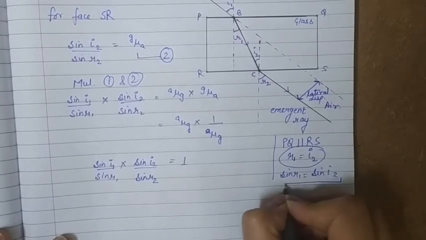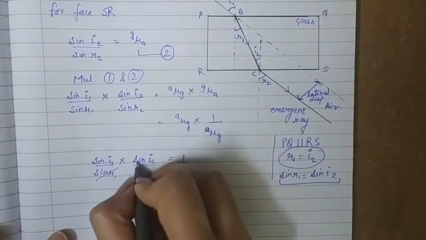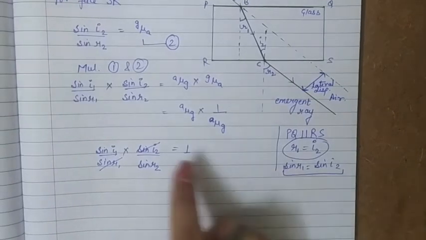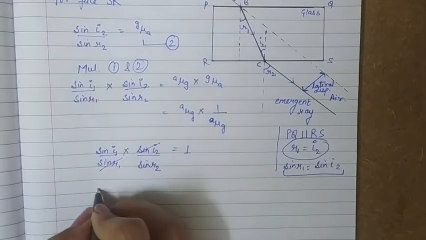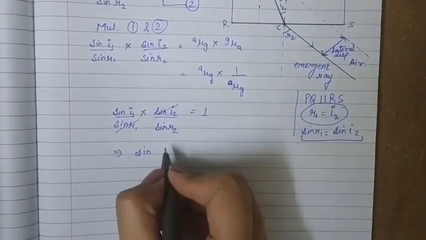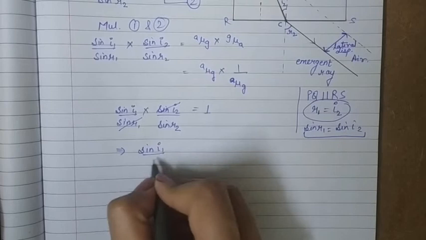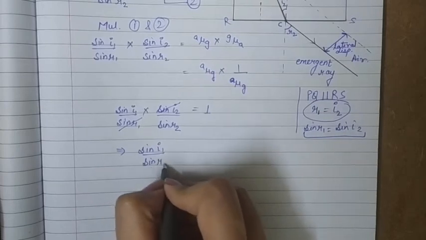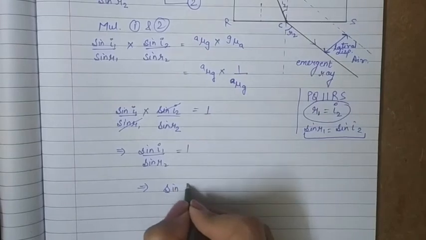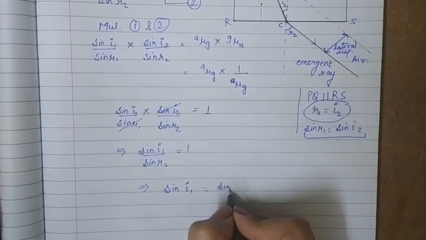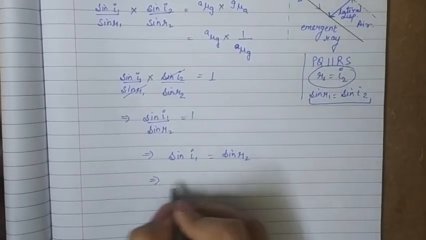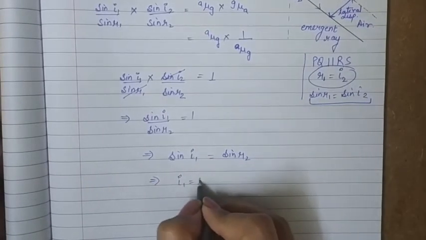And if this value is equal, that means these two will cancel out. Sine R1 is equal to sine I2, so these terms will cancel each other and we get sine I1 upon sine R2 is equal to 1, which implies sine I1 is equal to sine R2, or if this is true, then I1 should be equal to R2.